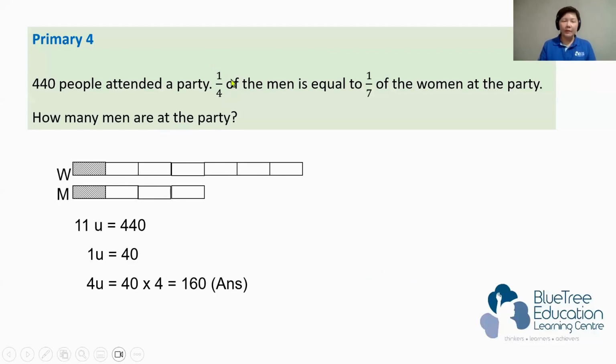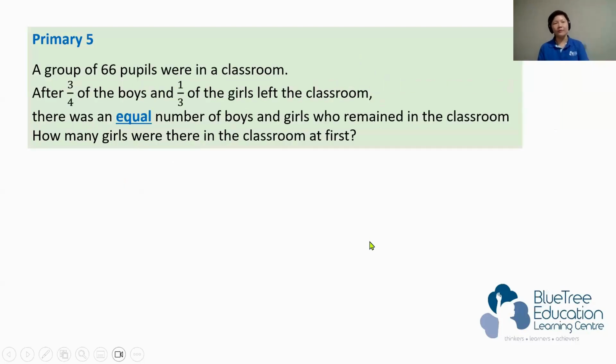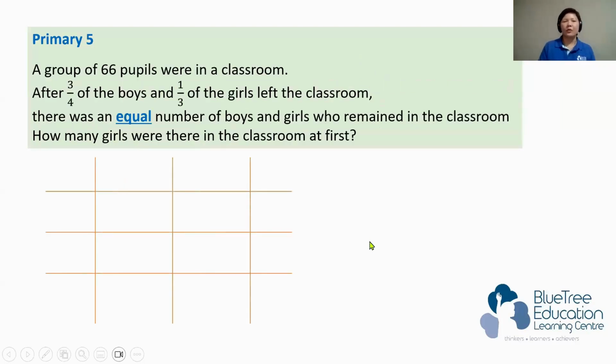So most of the kids end up making the denominator the same. You see, if the denominator is the same, then you're trying to say that there are equal men and women. So that is the wrong concept. So we must remind the children that it is the numerator made the same. That's why you can see these two parts being shaded. Okay, but primary 4 transiting to primary 5, we don't really draw models anymore.